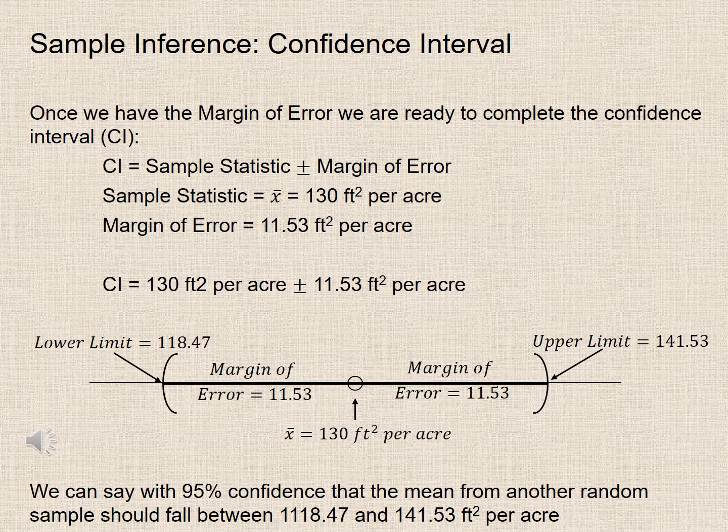Adding the margin of error to the sample statistic gives us the upper confidence limit, while subtracting the margin of error from the sample statistic provides us with the lower confidence limit. With these data, we can say with 95% confidence that the mean from another random sample should fall between 118.47 and 141.53 square feet per acre.